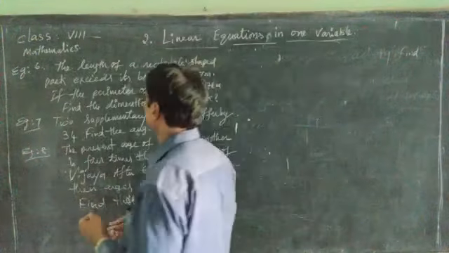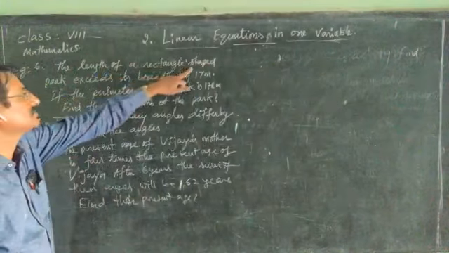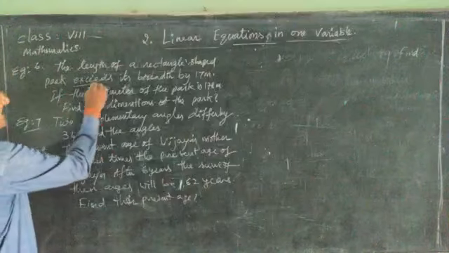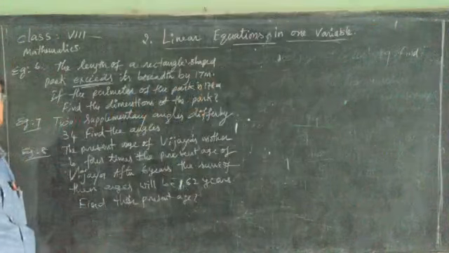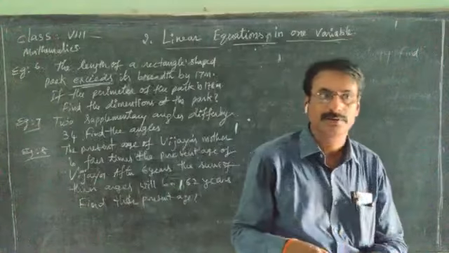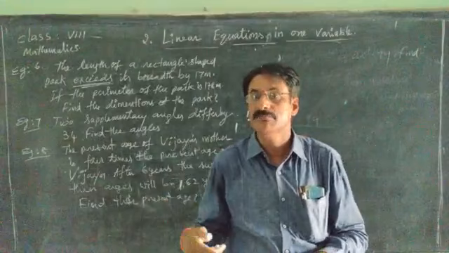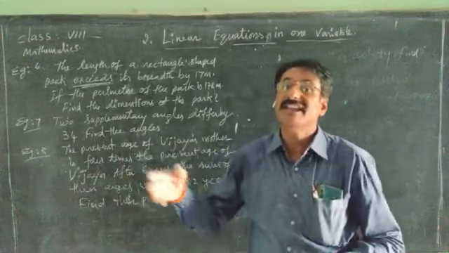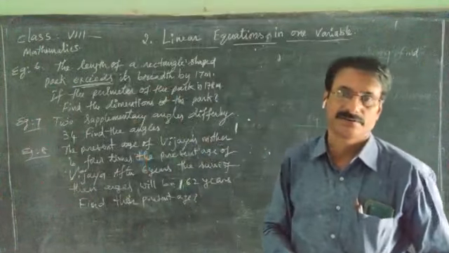How is the relation here? The length of a rectangle shaped park exceeds its breadth by 17 meters. If we know the breadth of the park, the length is 17 more than the breadth of it.